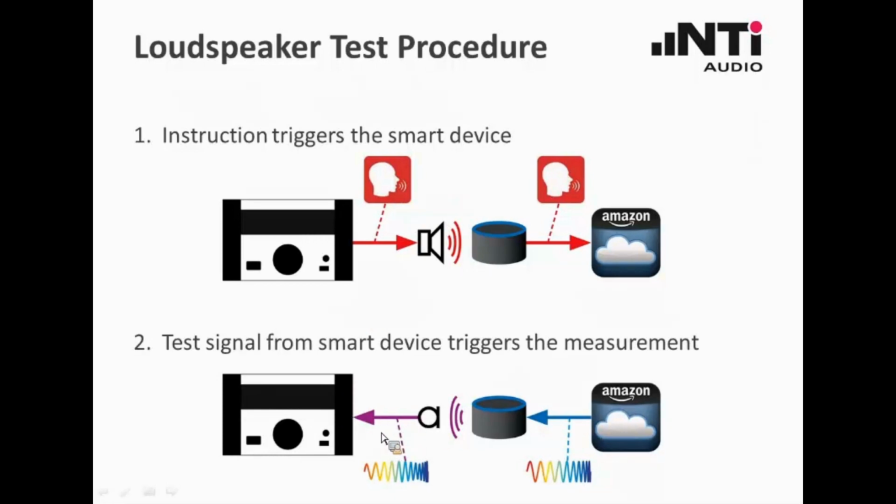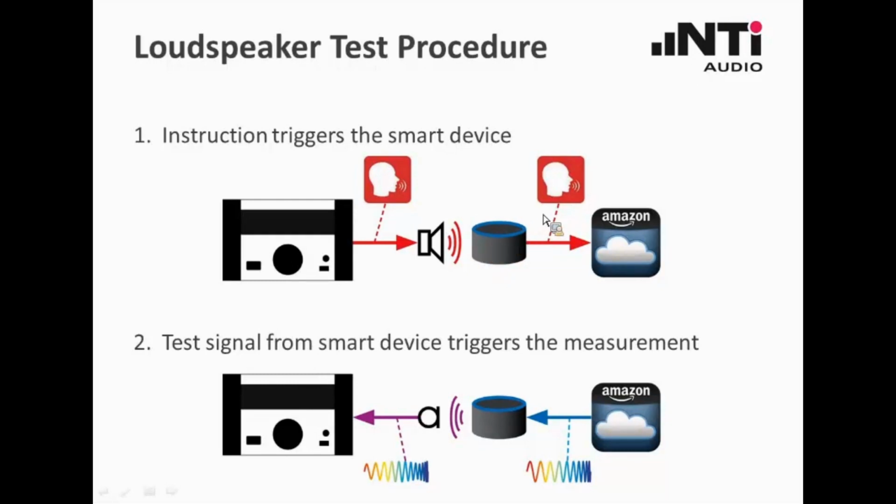So here this replayed test signal will be picked up by the microphone, and then the analyzer can calculate the corresponding frequency response, for instance. So we trigger the device under test with a spoken instruction, and we trigger the analyzer by the incoming test signal, including the header, of course.